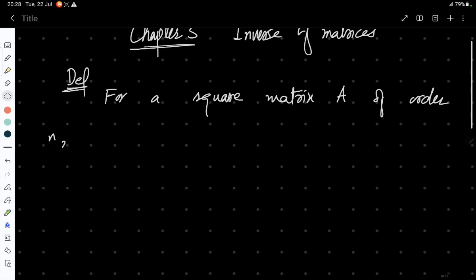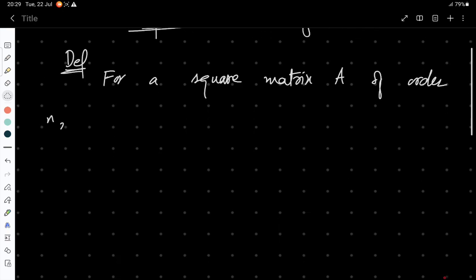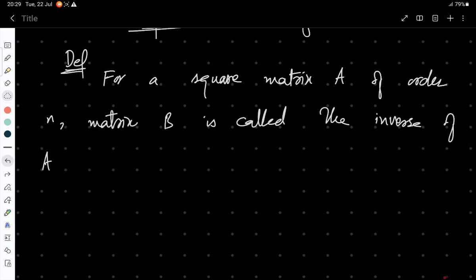So if you have a matrix A whose order is n, that means I have a square matrix A of order n, then for the inverse of A we will say that there is another matrix B, and that B is called the inverse of A if B satisfies these two properties.